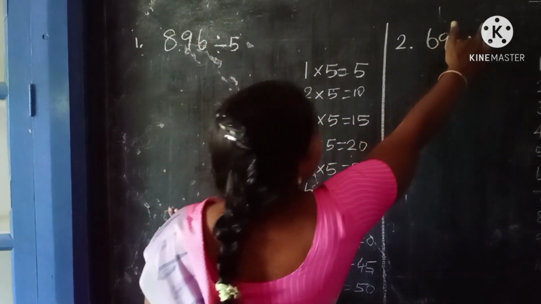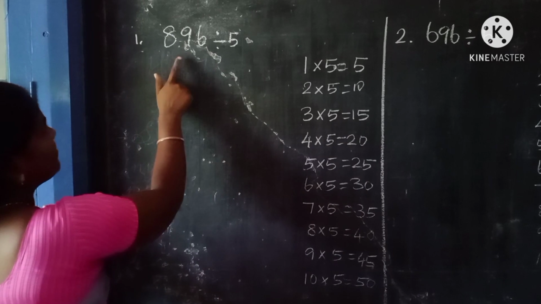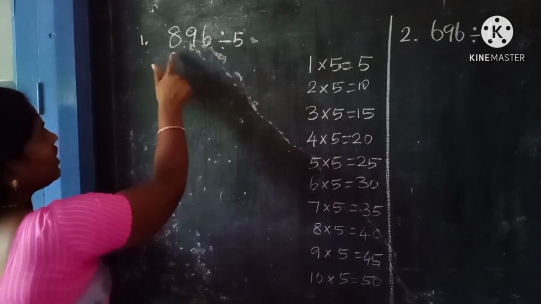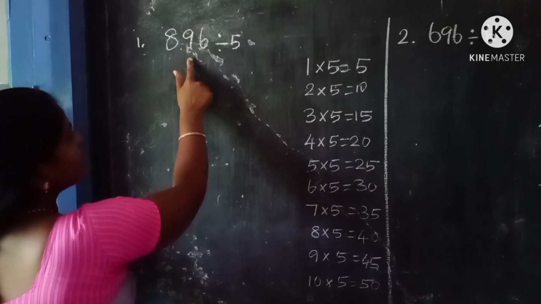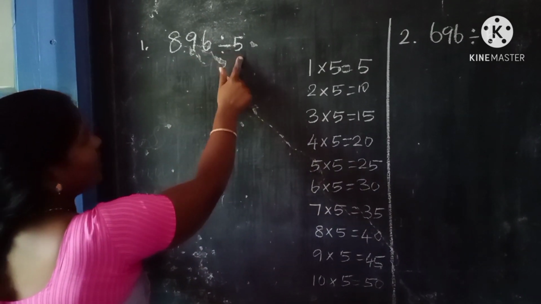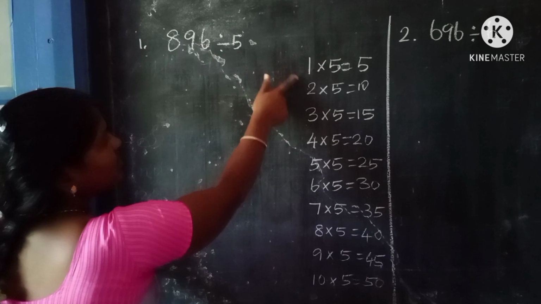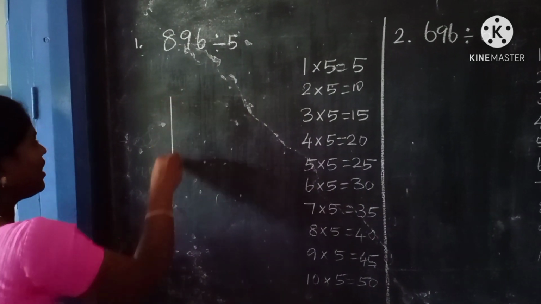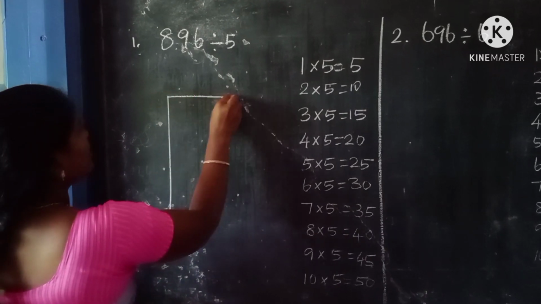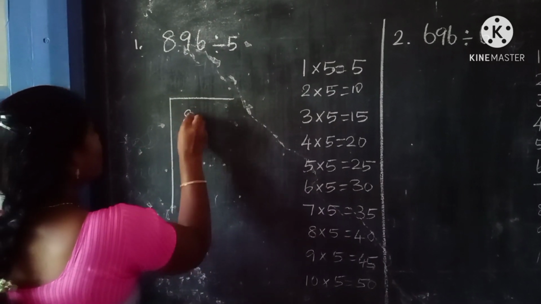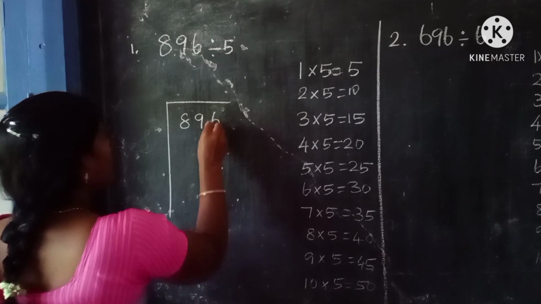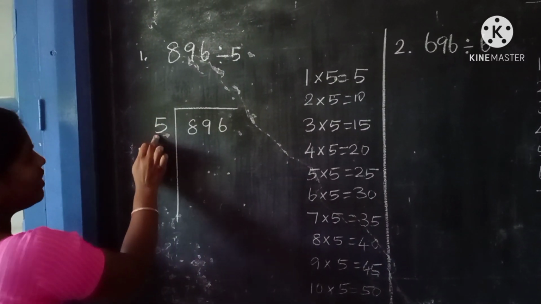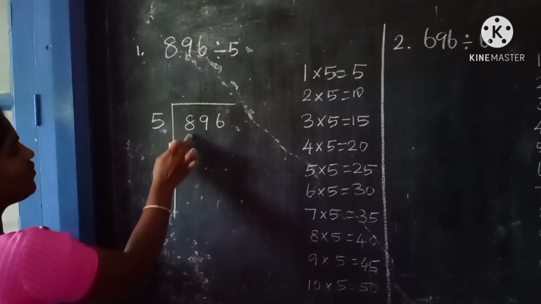Exercise 2.1. First sum: 896 divided by 5. Here 896 is the dividend, 5 is the divisor. So we must write the fifth table. Next, write division like this. 896 is written inside. The divisor is written outside. Compare here 5 and 8. How many 5s in 8?